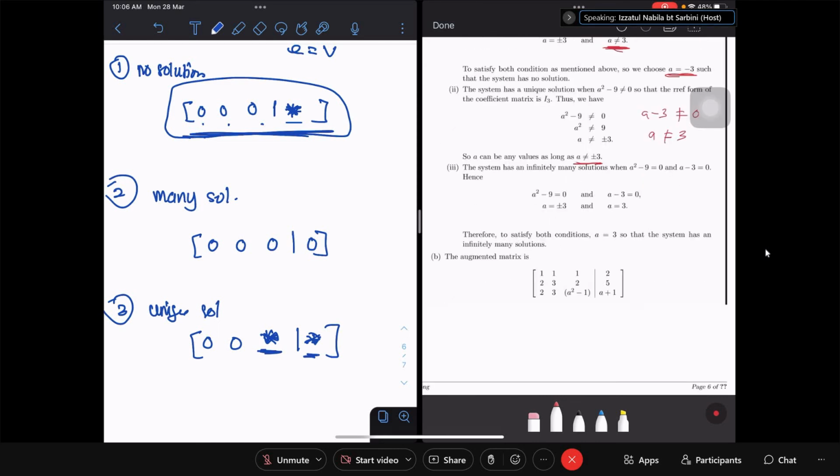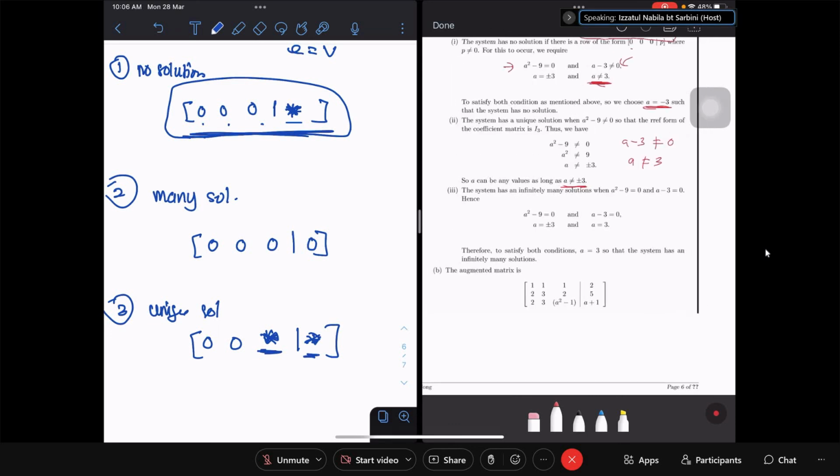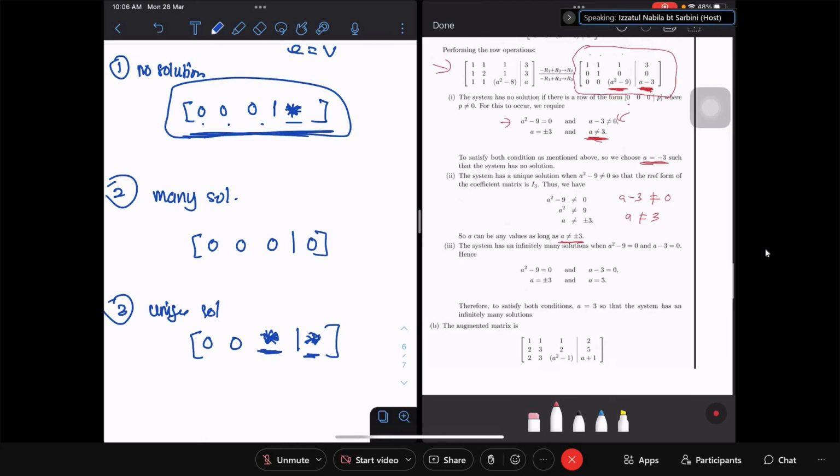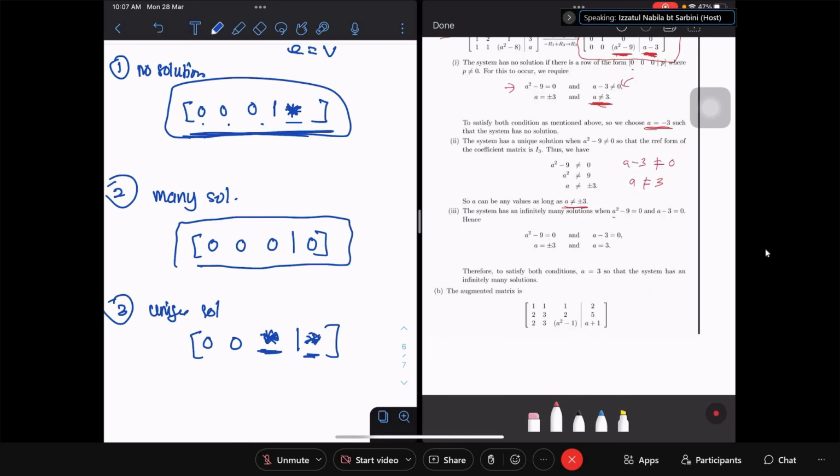Okay, how about for many solutions? So for many solutions, this a square minus 9 and a minus 3 have to be equal to 0. Sebab kita nak macam ni kan, row yang all zeros like this. Okay, so a square minus 9 equals 0, a minus 3 equals 0.